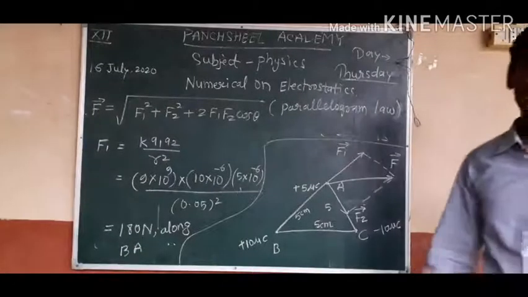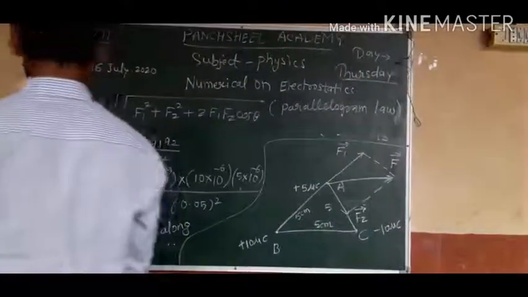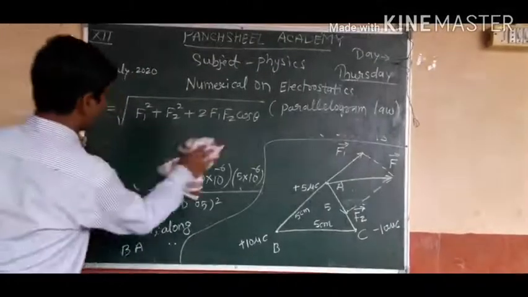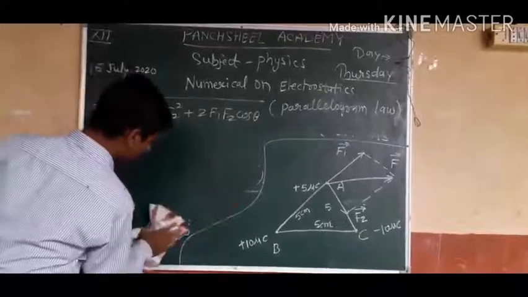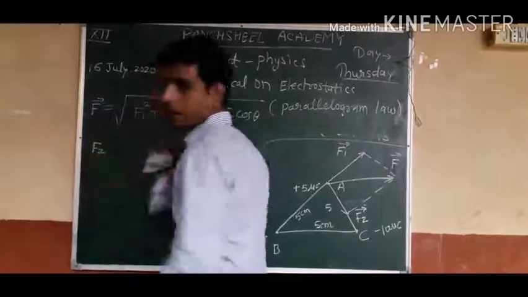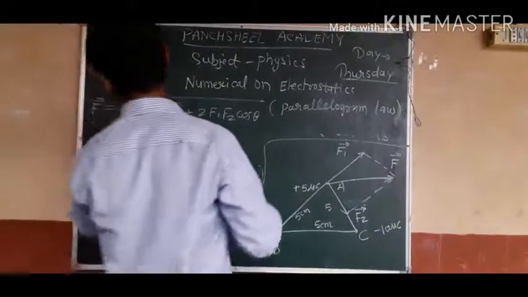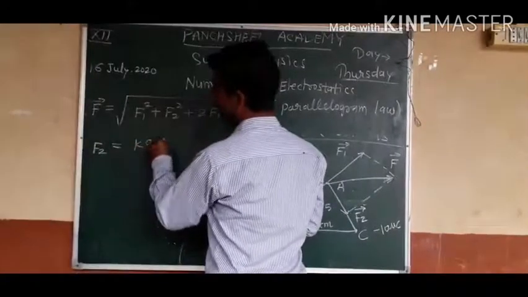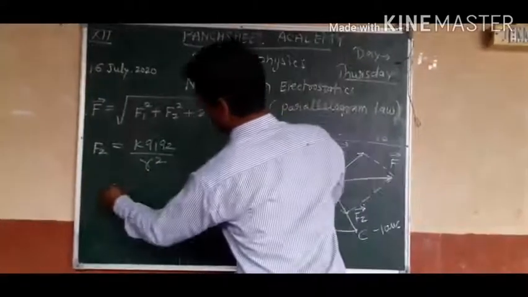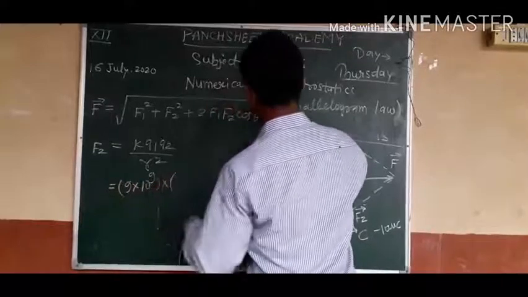And now you have to calculate F2. How to calculate F2? Same formula. F2 equals K Q1 Q2 by R square. So write here 9 into 10 to the power 9. And what is Q1?